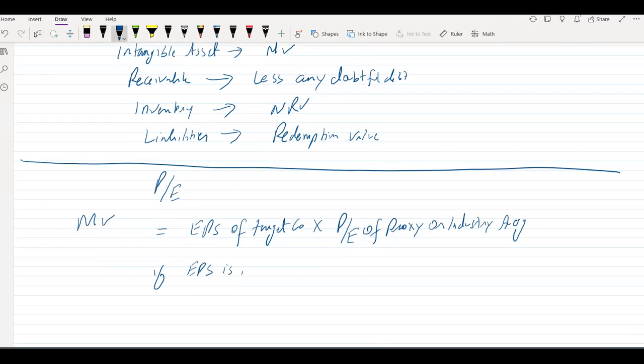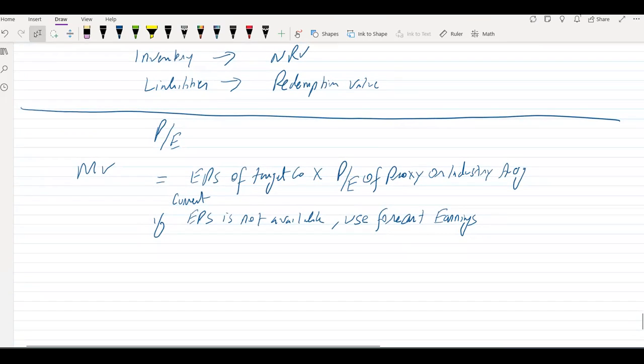If current EPS is not available, use forecast earning. That will also be equal to market value. Forecast earning means next year's earning, into PE ratio of proxy company.